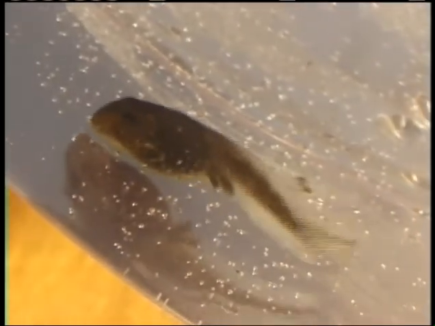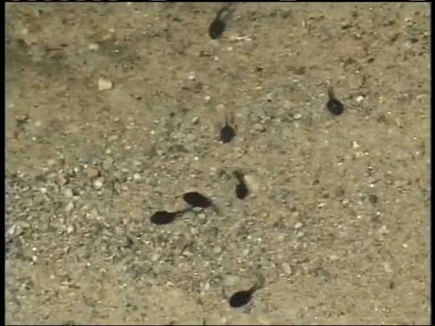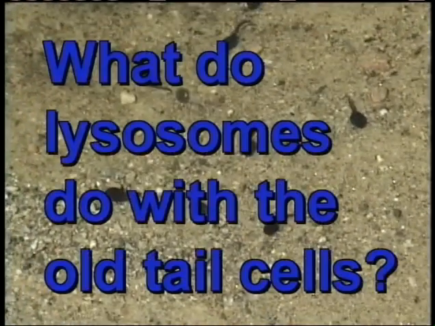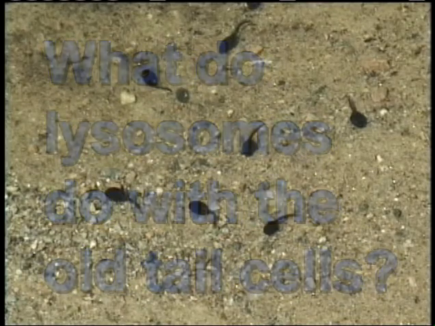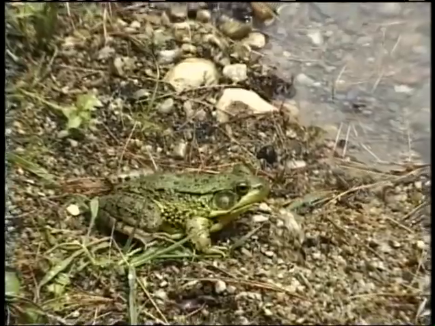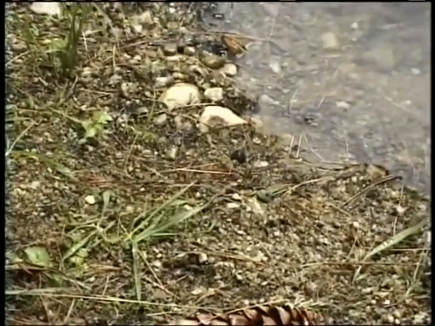For example, as this tadpole grows, its tail cells are slowly digested by the lysosomes until the tail disappears. You decide. What do lysosomes do with the old tail cells? This material is reused to make new body parts to become an adult frog.